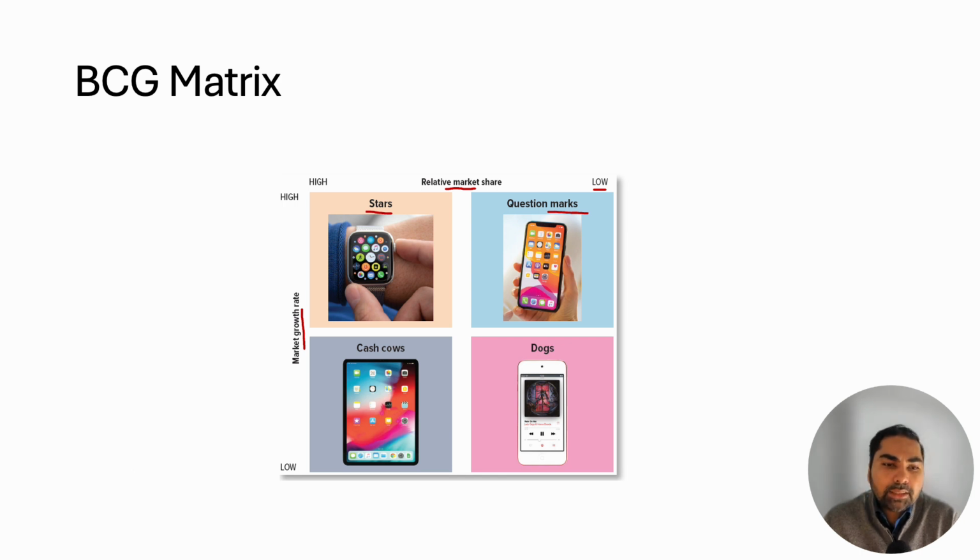Then the next one is really the product categories where you have high relative market share, but this market is not growing by a lot. So the market is not growing, but you have a lot of market share in that product category, and that is actually going to be your cash cow, which means you don't have to do a lot in this product category. What you have to do is you just have to maintain your market share.